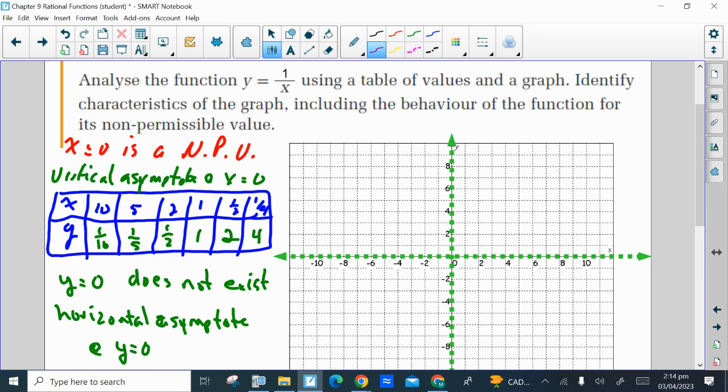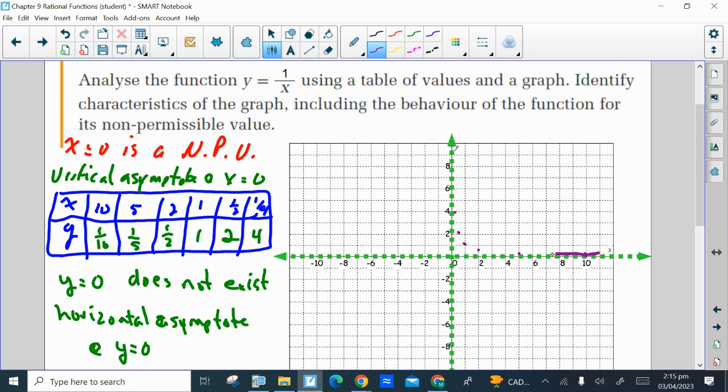When x is 10, y will be 1/10. So it's very close to 0, but still positive. When x is 5, y will equal 1/5. When x is 2, y equals 1/2. When x is 1, y equals 1. When x equals 1/2, y is 2. And when x equals 1/4, y is 4.